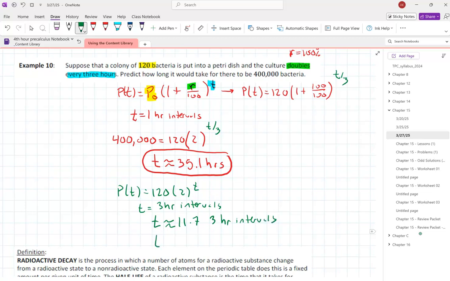So if we wanted that answer in hours, I can just take 11.7 and multiply it by 3, and I'm going to get that 35.1 back again.